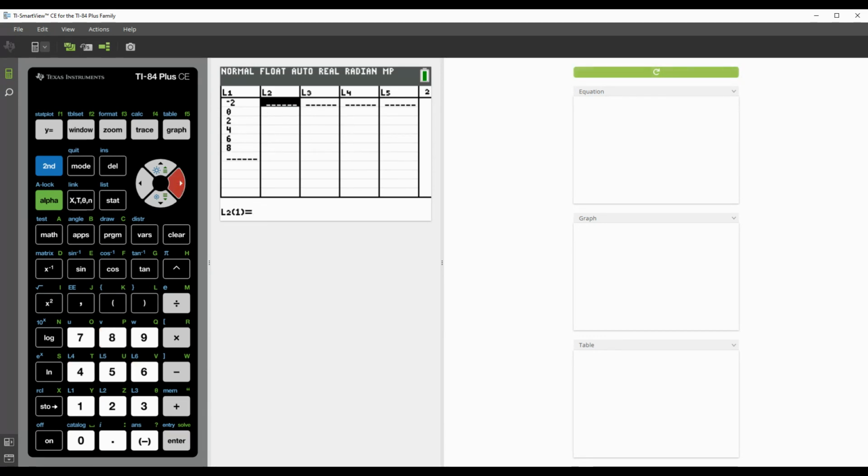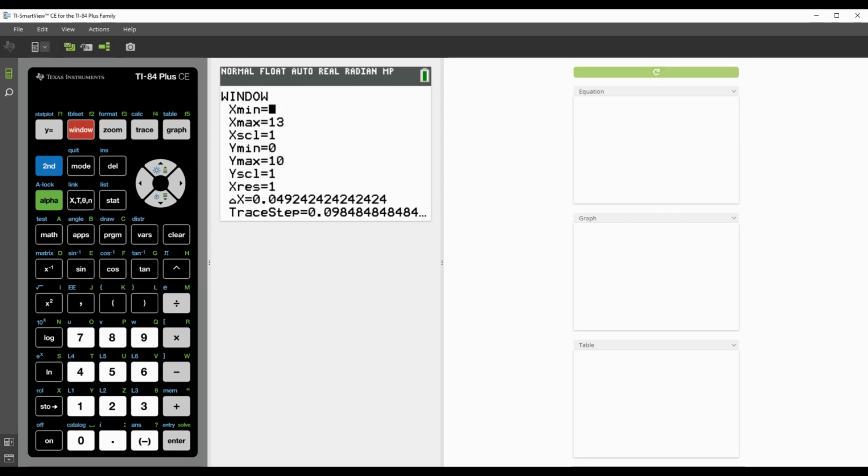Then use the arrow key to go over. And I'm going to write in 13, and then 5, and then 13 again, and then 27 again, 77, and 133. Now when I make my window, I'm going to want to see the data from -2 to 8, and the y values from 13 to 133.